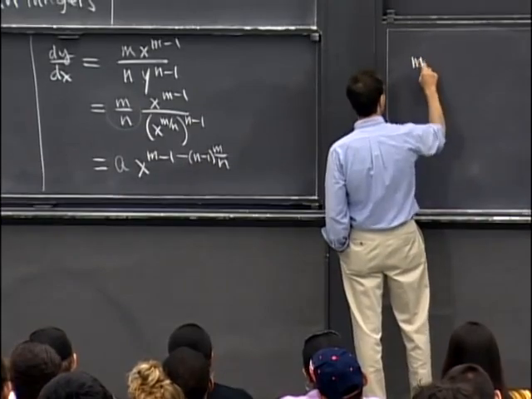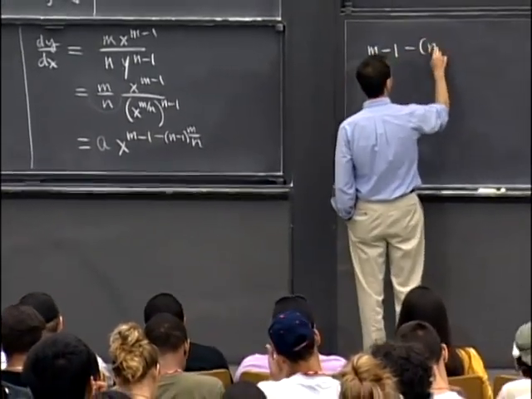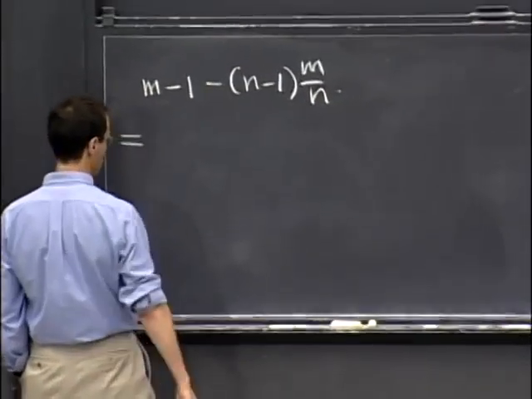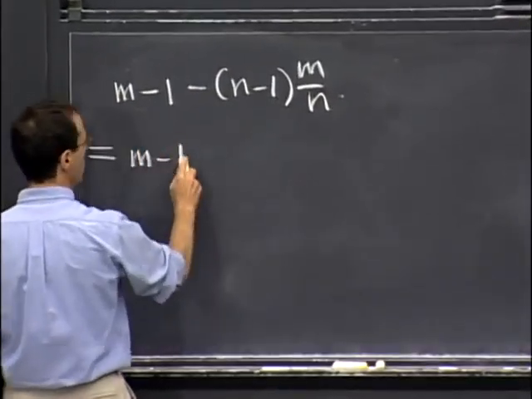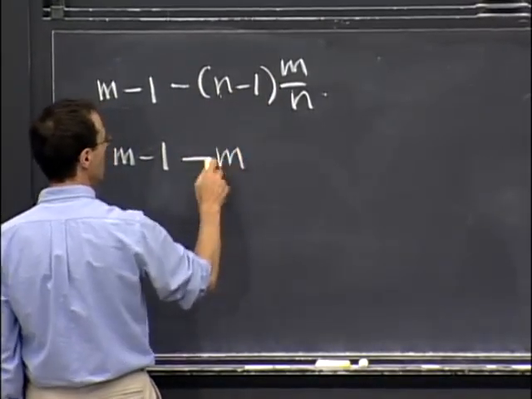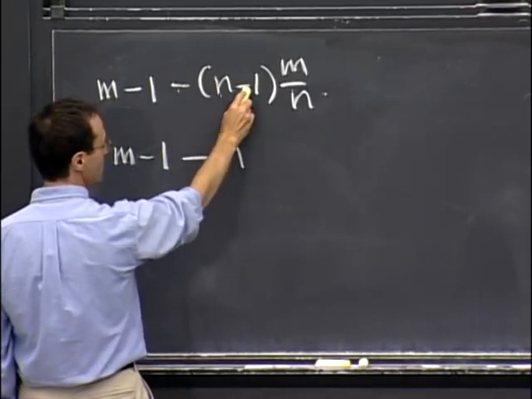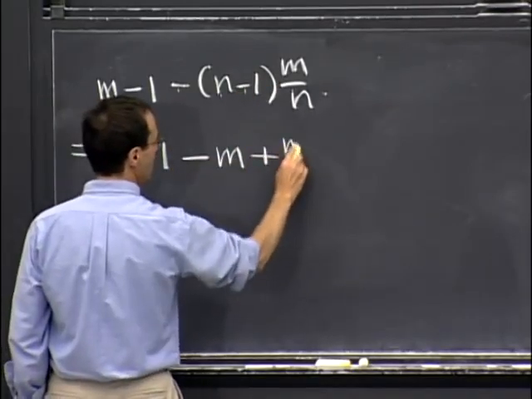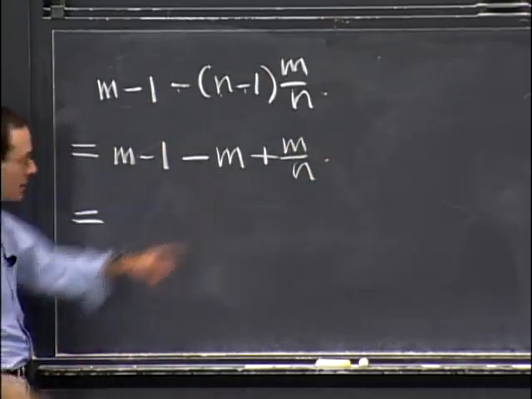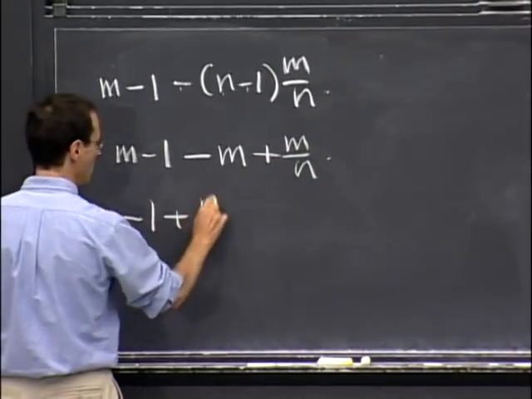So we have here m minus 1 minus n minus 1 times m over n, which is equal to m minus 1. And if I multiply n by this, I get minus m. And if the second factor is a minus, that's a plus. And so that's plus m over n. So altogether, the two m's cancel, and I have here minus 1 plus m over n.